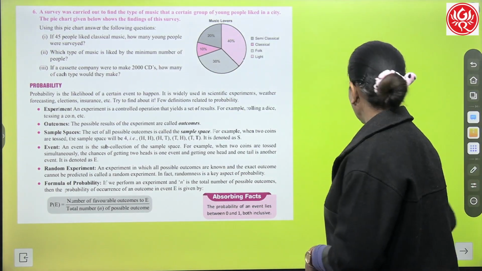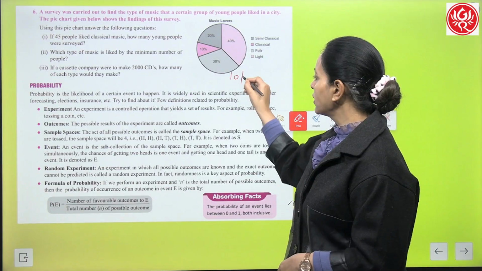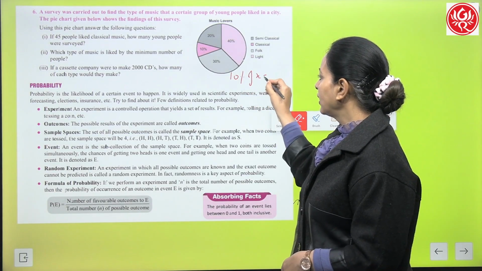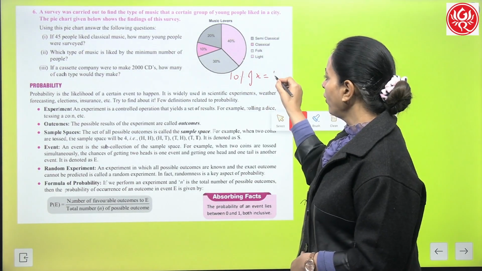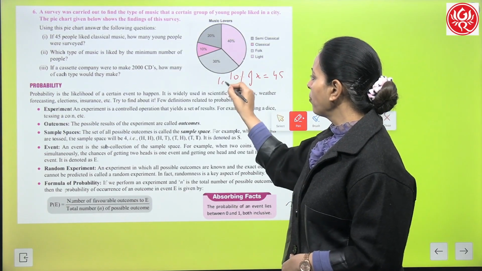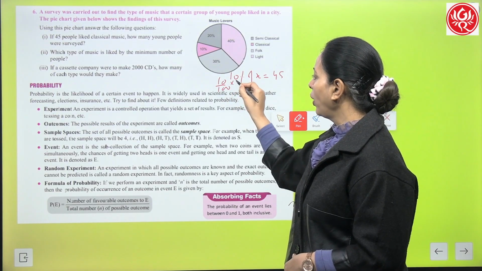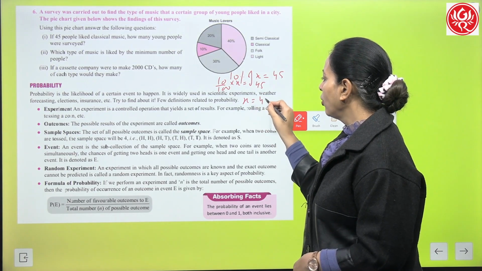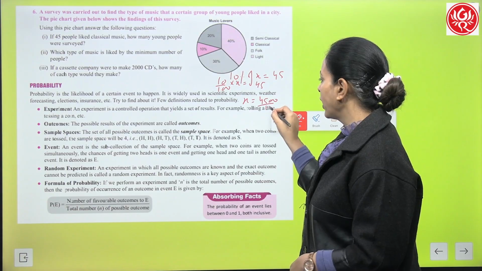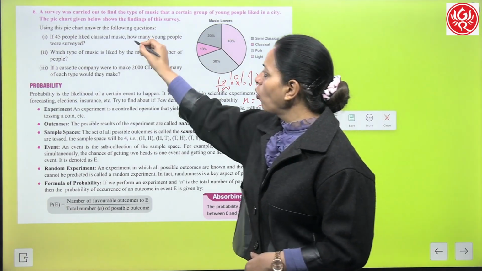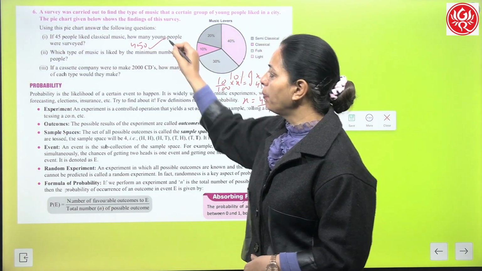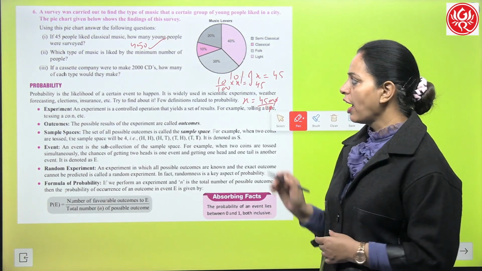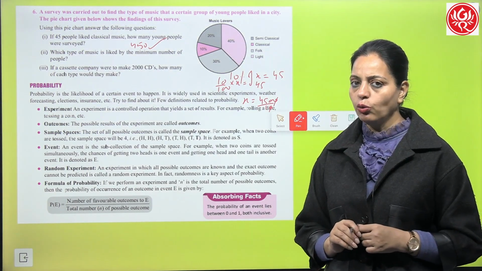So 10% of total, 10% of X, that is equal to 45. So 10 by 100 into X equals to 45. So can you find X from here? 4500 upon 10, that is 450 people total, right? I hope this is clear to you.